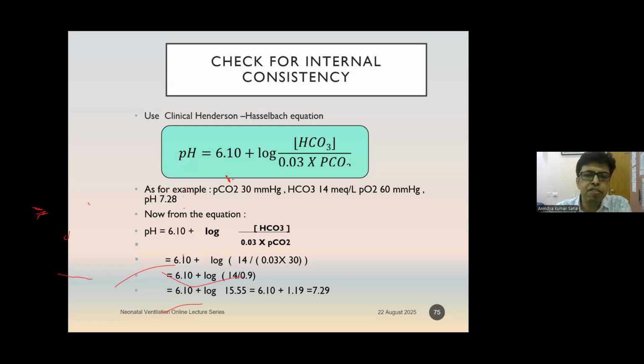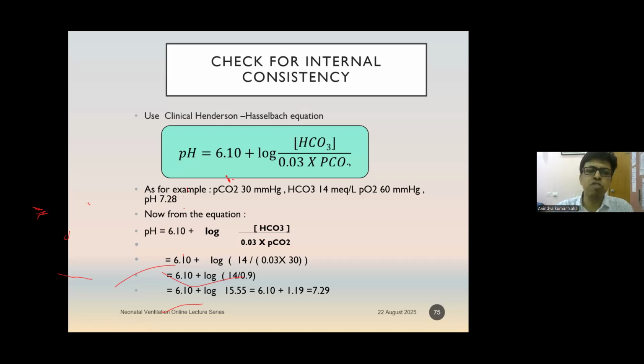If PCO2 is 30 and bicarbonate is 14 milliequivalents per liter, from the equation pH equals 6.1 plus log of bicarbonate divided by 0.03 times PCO2, we get 6.10 plus 1.19, which is 7.29, equivalent to the machine's pH. So the machine has internal validity and is reliable.